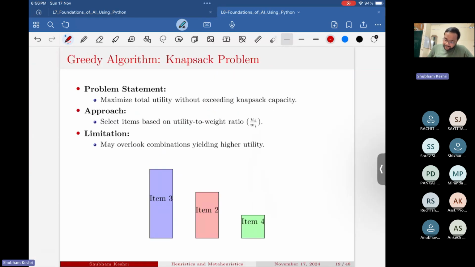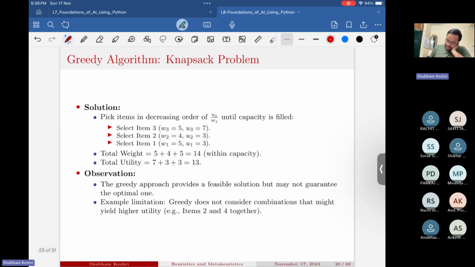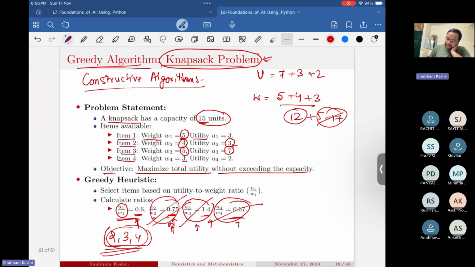So I have given you the problem statement, the approach, and the limitation. It may overlook some things, so I'll give you one idea why this may not be an optimal solution. Over here we are just picking one item at a time, right? When I have picked these three items, we have a weight remaining which is 3, so 15 minus 12, which is 3. Suppose there are more objects, and you had not picked this object, this is 3, this is 2, and this is 4.